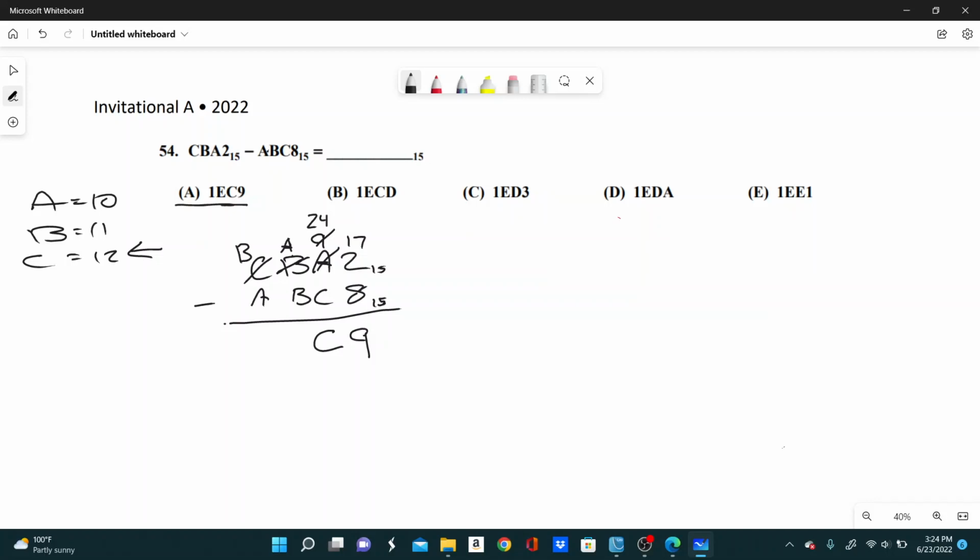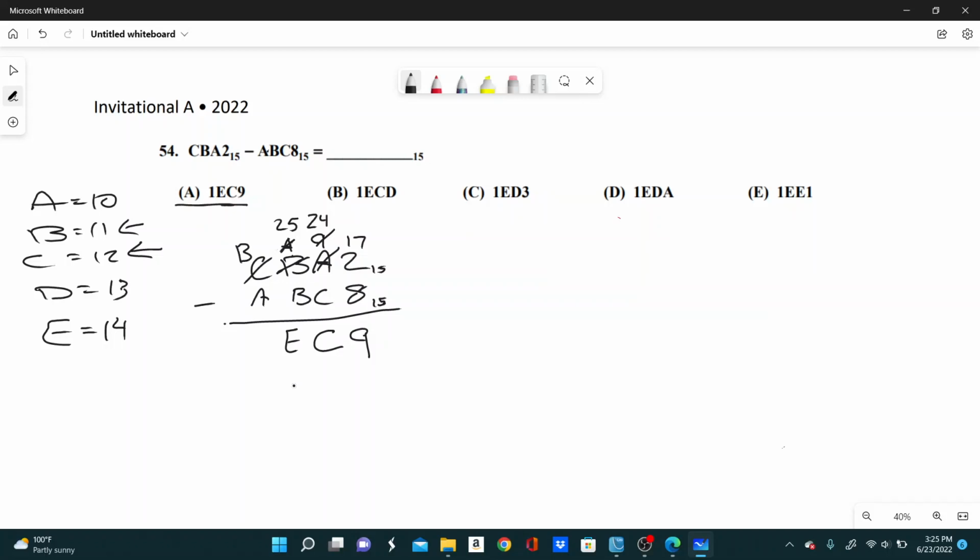So 10 plus 15 becomes 25. And then 25 minus 11, because B goes with 11, that's 14. And if we continue this pattern, we see E is the same thing as 14. So E goes right here.